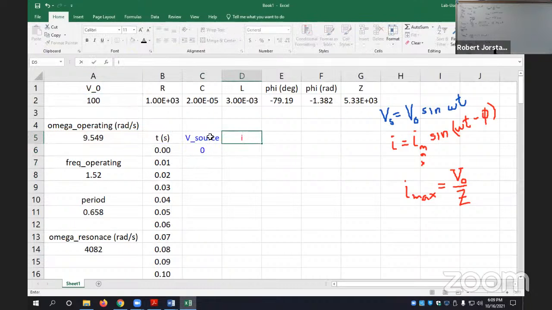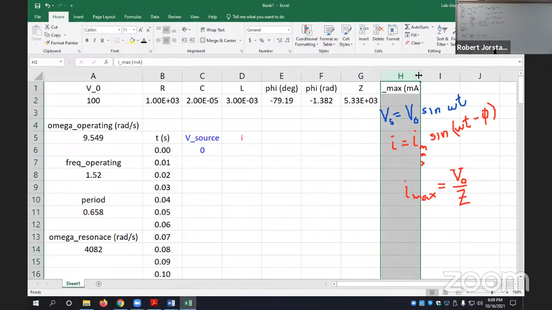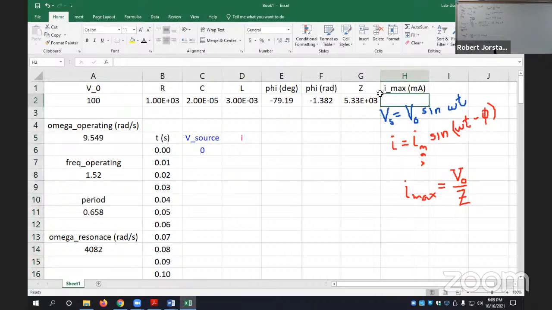Now I could do I, the current. You know what? I'm going to go up here. We know that I max in milliamps, we had that number already.